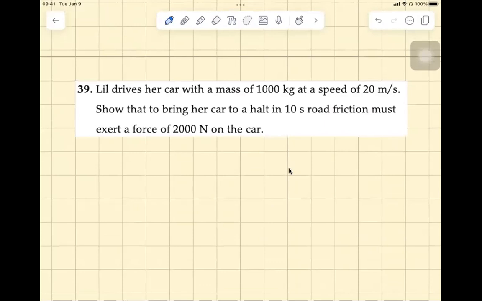We don't know what the force is, but we know that force times time is equal to the change in momentum, delta mv. So we're going to find that the force is equal to delta mv divided by the time. And that's going to equal m times v final minus v initial divided by the time.